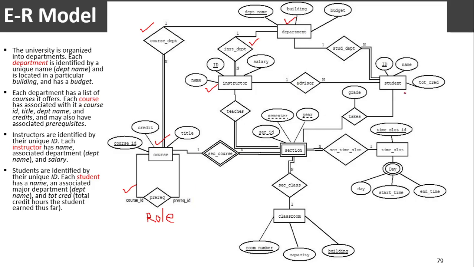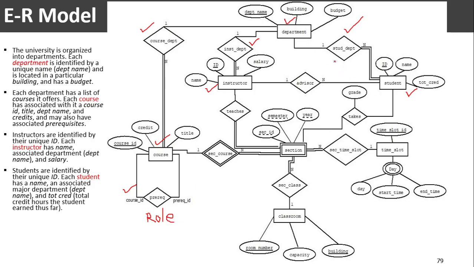So here we are depicting this student as the entity set with attributes ID, name and total credits, wherein student is having unique ID, so it is depicted as the primary key of the student entity set. It is mentioned that student is associated with the major department, so there should be the relationship between department and student. So once again we have shown here this relationship set student department between student and the department.